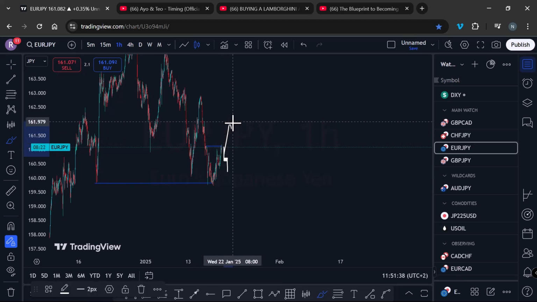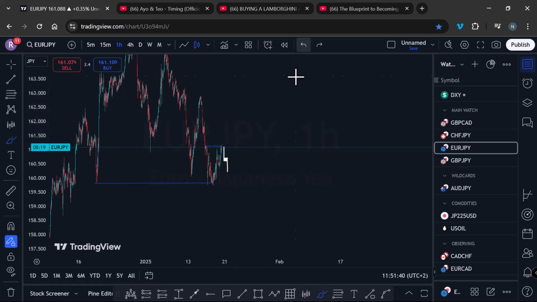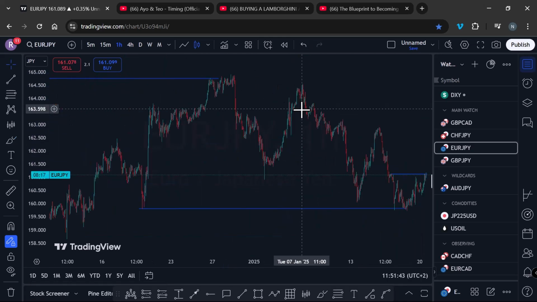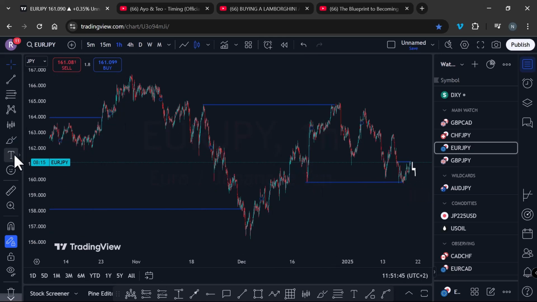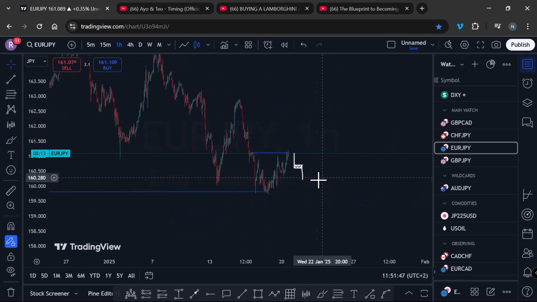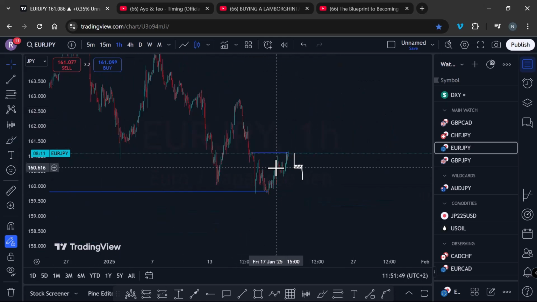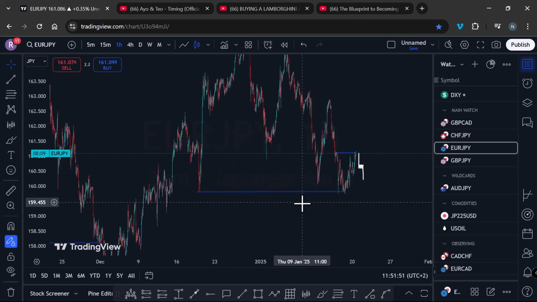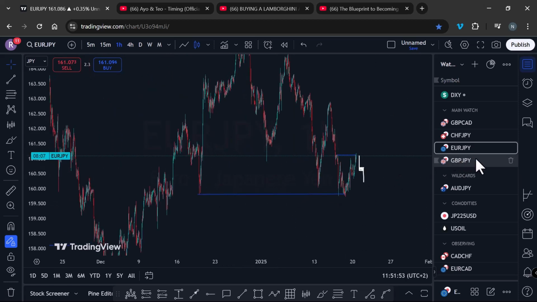Now I can look for my 1 hour flex, and that's where I change my thesis. It's okay, fine, this one is being respected, but now it's nothing. This is not a change of character, it's just a pullback to this inflection point where I can still look for further sales to the downside.